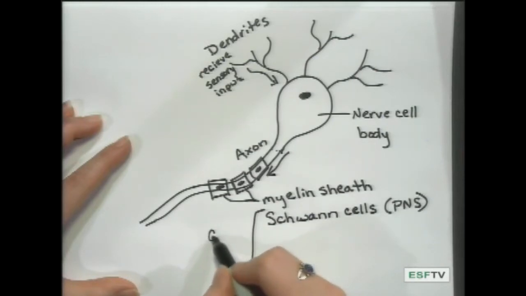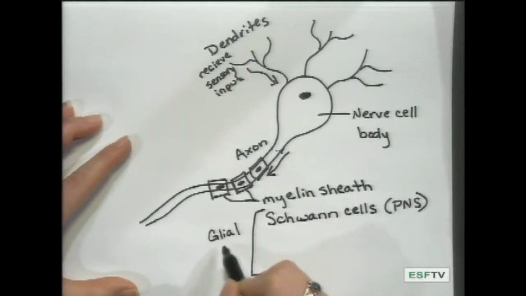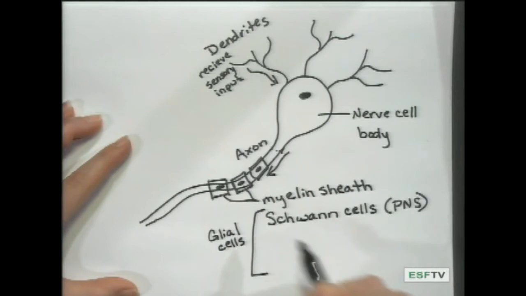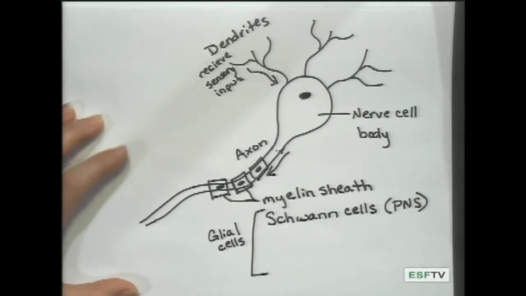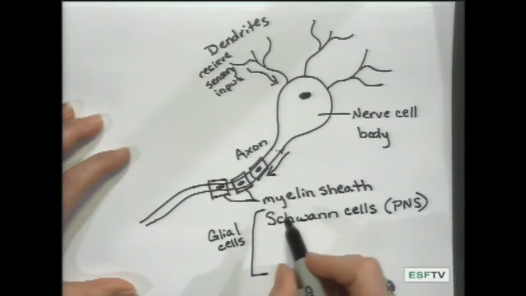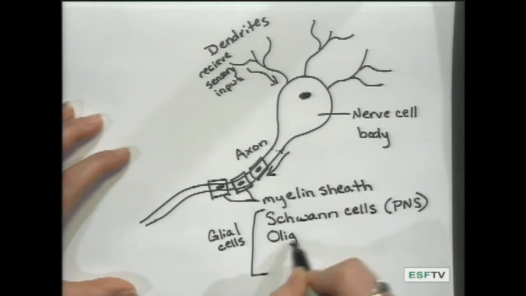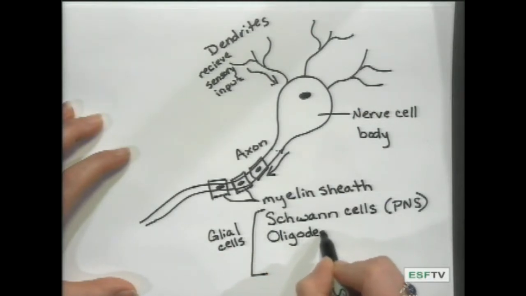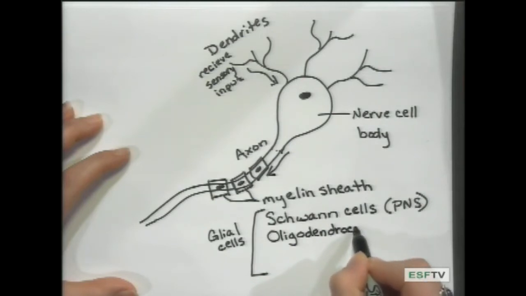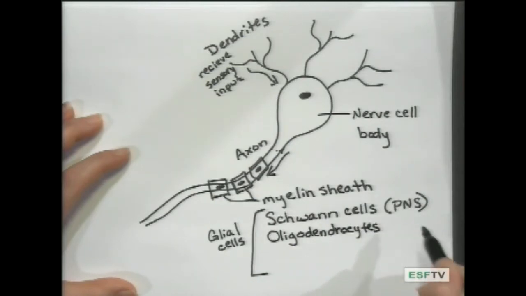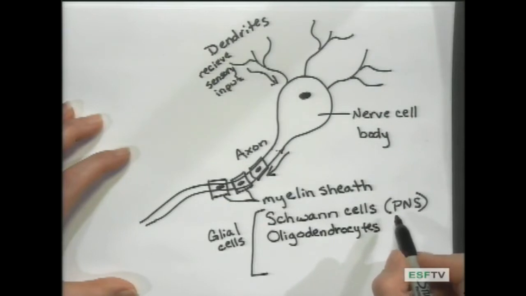Other glial cells, or those supporting cells that protect and provide support for the neurons of the nervous system, include oligodendrocytes, which produce the myelin sheaths on the axons in the central nervous system.